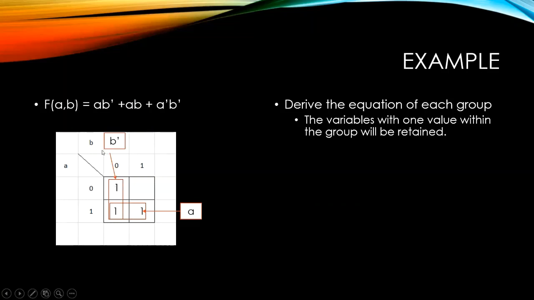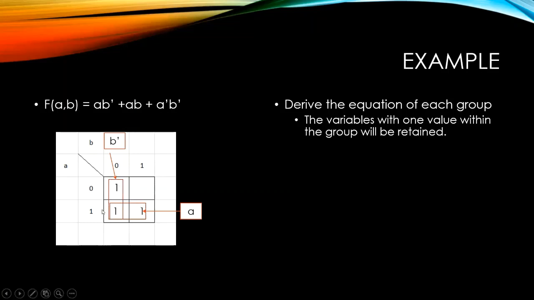Okay, how about B? B is 0, 0 within the group. So therefore, B will be part of the equation that will represent this group. So what is the value of B? It's 0. So therefore, when we get the product term, we just negate B. So we have B'. So B' will represent this group.